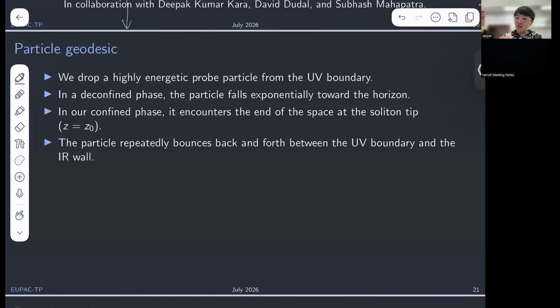So what we do is, to find the momentum of an infalling particle, we just track the geodesic of a particle starting from the UV. So we have this soliton geometry, and we have a point-particle-like object, and we track its geodesic, right? As we track its geodesic, it will produce a certain momentum P. So we want to capture the value of P going from the UV to the IR.